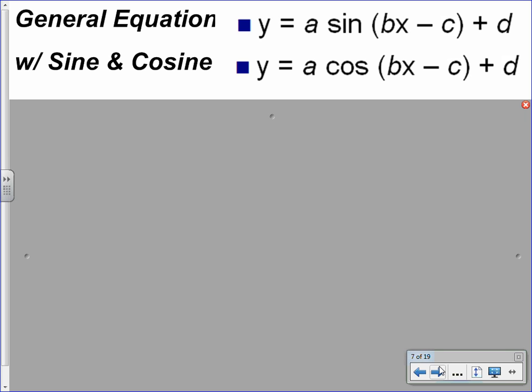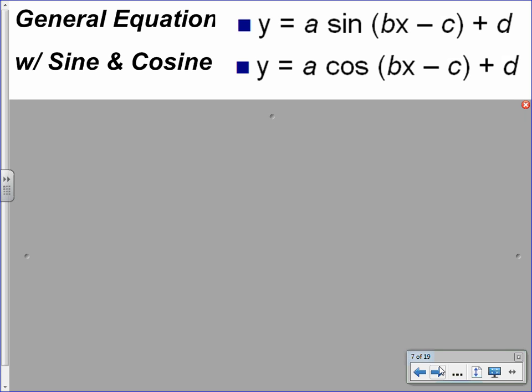Since sine and cosine graphs are so similar, a, b, c, and d are going to affect both of them the same. Remember, transformations are the same with any parent function. We just have to figure out how they're going to affect this type of graph since we have things like amplitude and period.